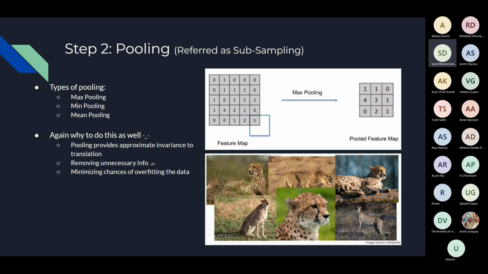So for that, we have this process known as pooling, wherein it discards some part of the feature map. For example, here it is discarding around 75% of the data present in the feature map, and accounting for the most dominant feature.